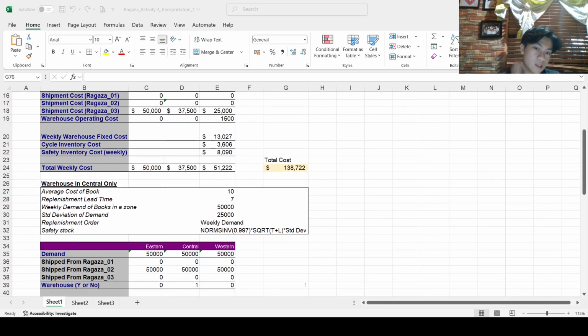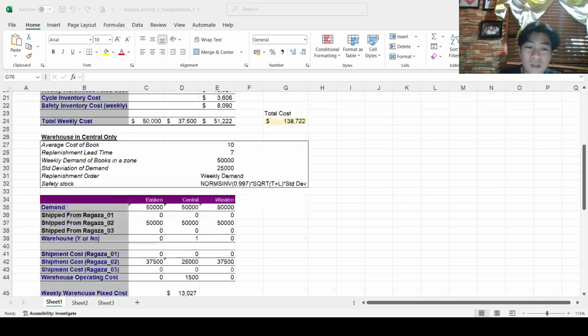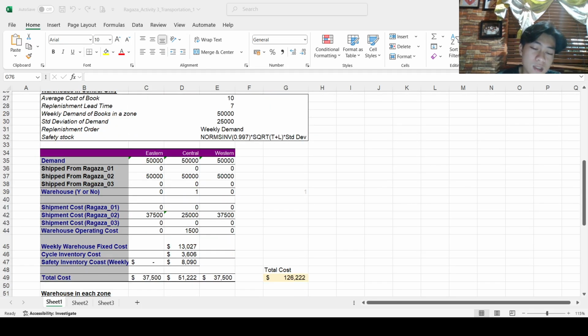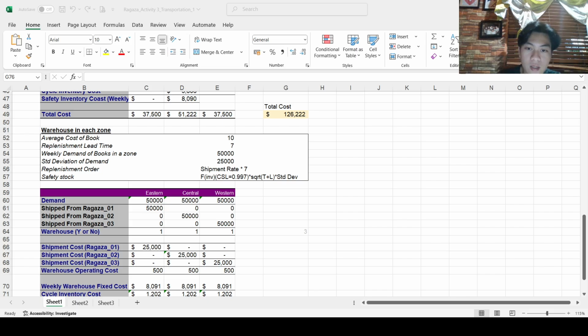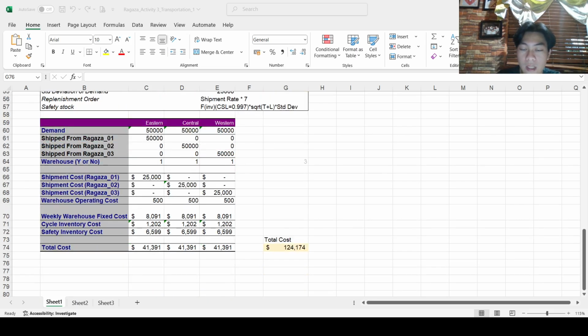While in the second table, which is the central warehouse only, and resulted only in 126,222, presents a more of a balanced approach of costs and in logistics operations as well. While lastly is having the warehouse in multiple regions concluded a $124,174, which is the most cost effective among the three choices.